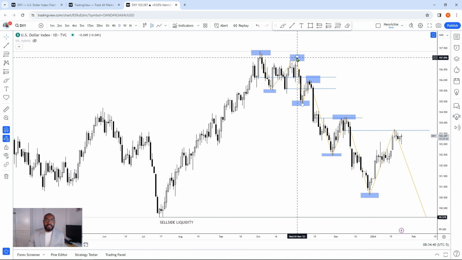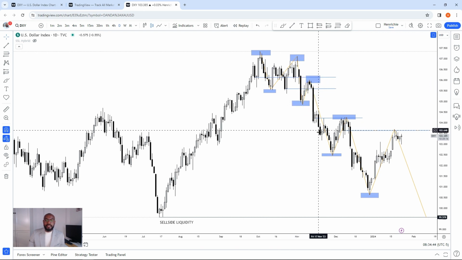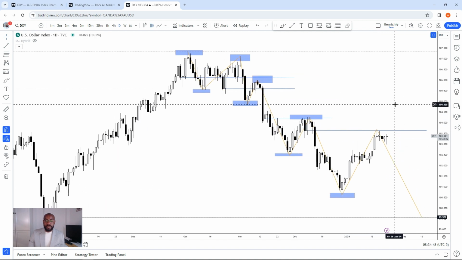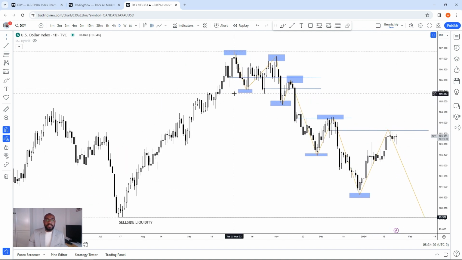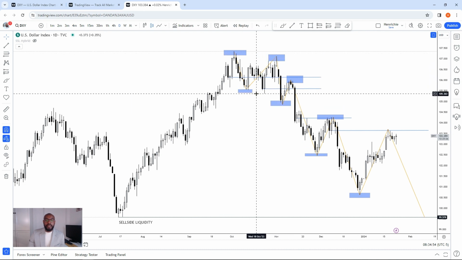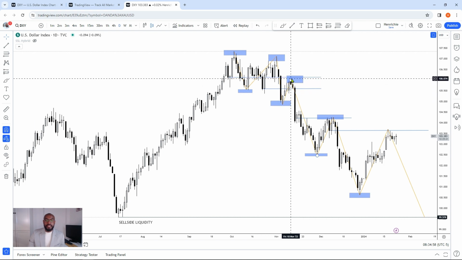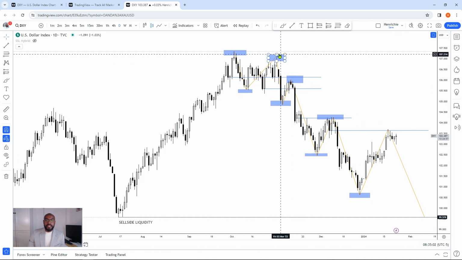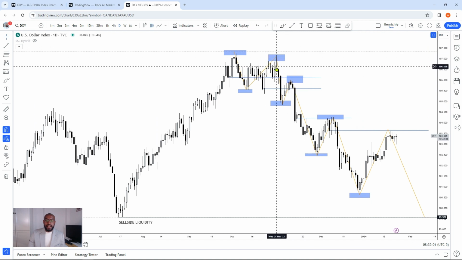you can see price started creating lower highs and lower lows, lower highs and lower lows, right? Now you can see that each time price came to the upside, it ended up dropping lower, breaking the previous low. Each time it came up again, dropped down, breaking the previous low, failing to run the previous high.